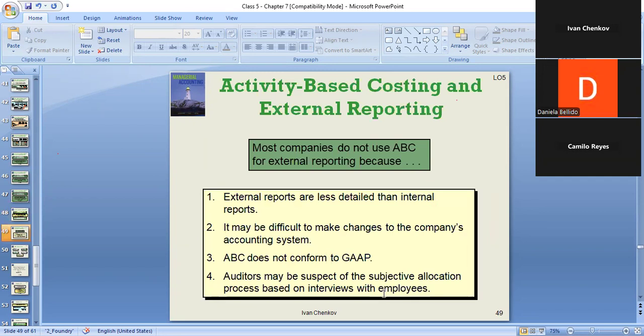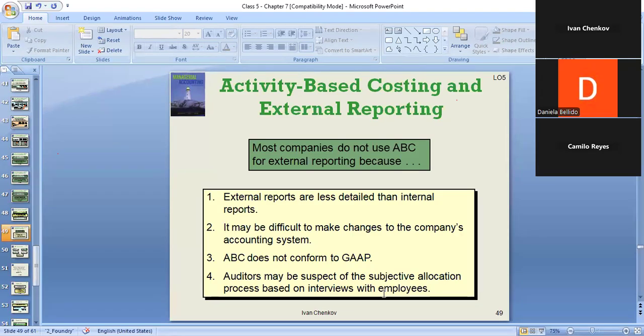Now, activity-based costing and external reporting, that's the tricky part, because activity-based costing is not supported by international financial reporting standards or any standards itself. So activity-based costing is not used by most of the companies. Why? Because first, external reports are less detailed than internal reports.